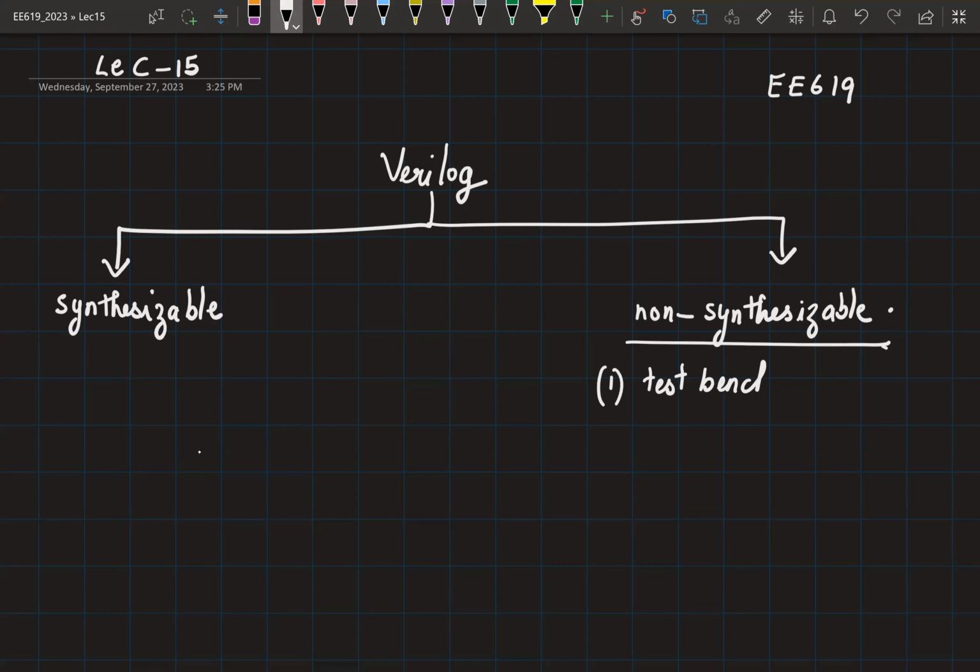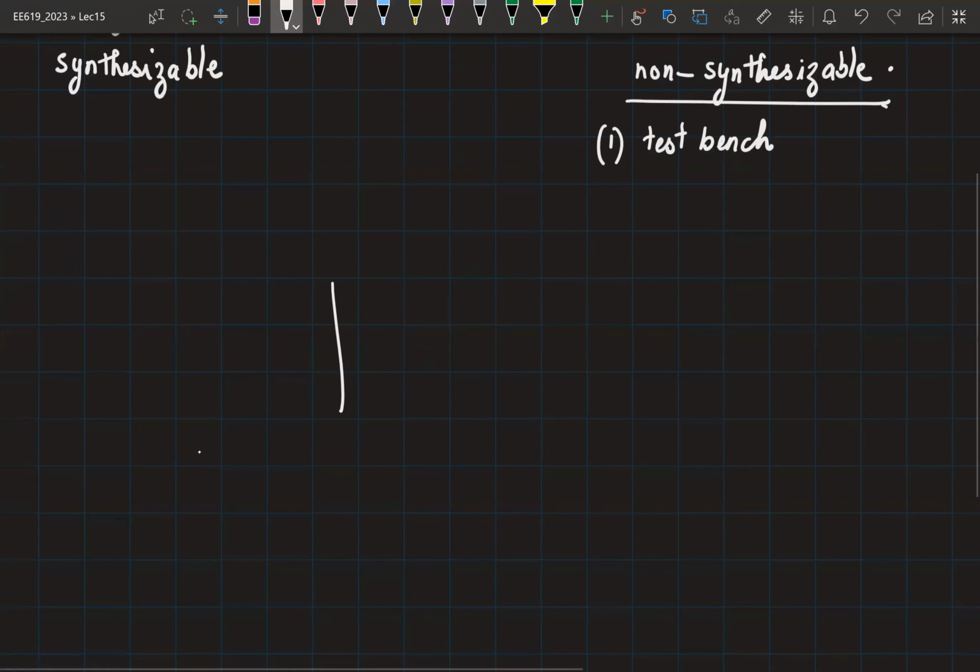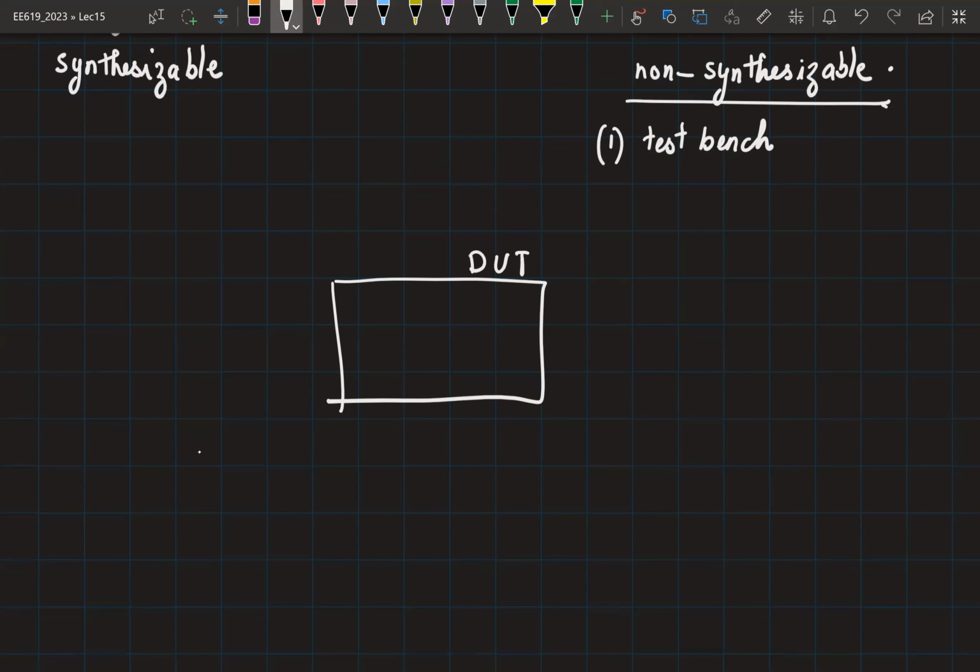You can also use non-synthesizable codes during modeling purposes. Let's say you have this very complicated digital circuit. You have coded it such that it is actually synthesizable. Let's say you have this design under test. Now to verify the results, you could parallelly create a model for this, right? This is a model.